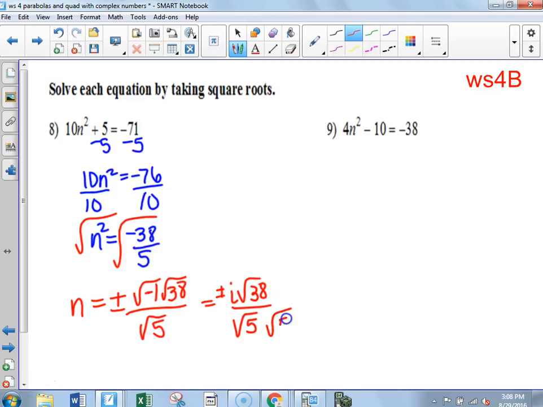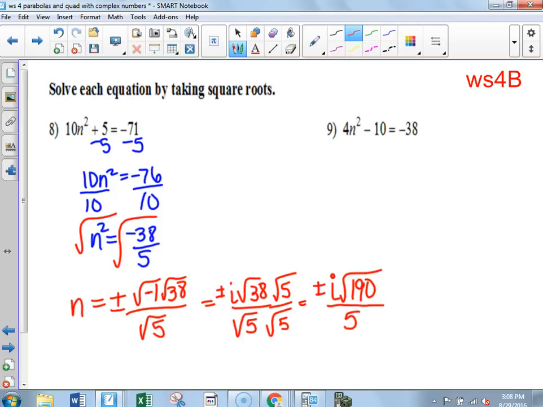I wanted to cry before I got it. We still got to multiply by square root of 5 over square root of 5, because of that weenie mathematician who decided we had to do that at some point. I think it's 190, isn't it? Probably. You're usually right. Square root of 5 times square root of 5 is 5.